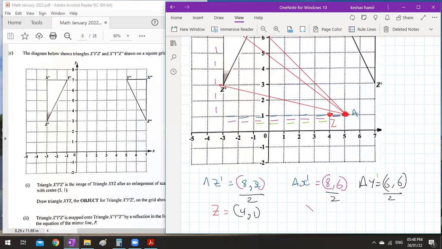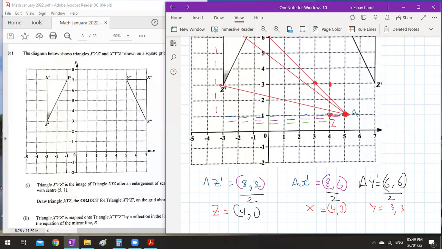E to X will give us X, which will be 4, 3. And Y would be 3, 3.